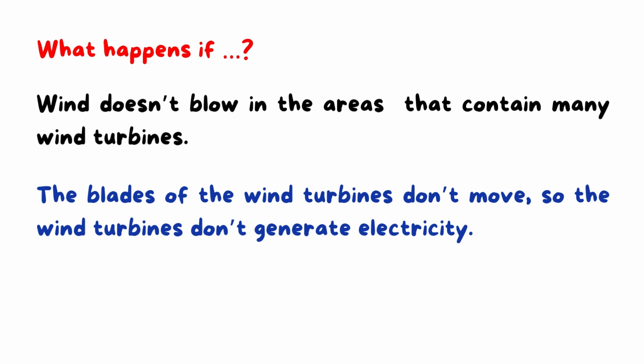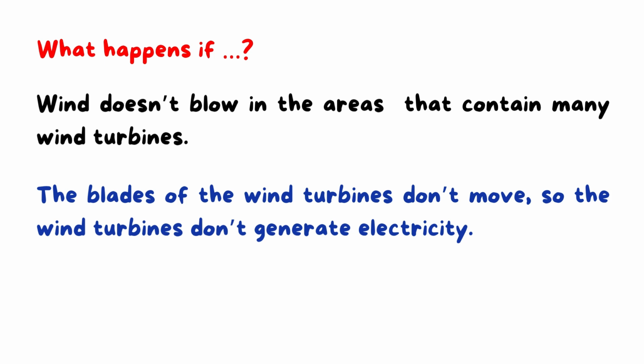So the answer, the blades of the wind turbines don't move, okay? So the wind turbines don't generate electricity. So simply, wind turbines and water turbines need kinetic energy from the wind or from the water, so they can work and generate electricity.